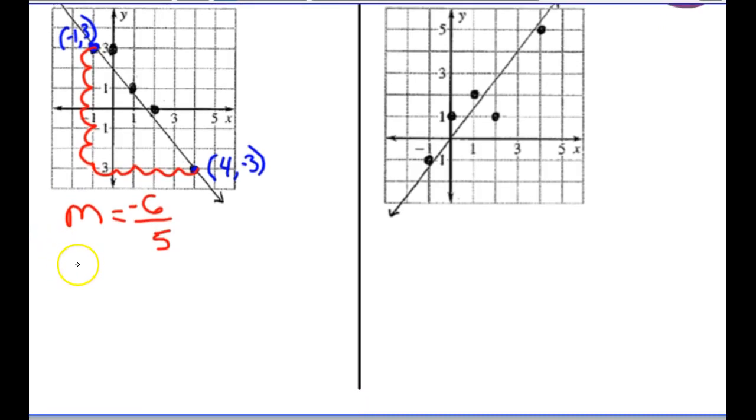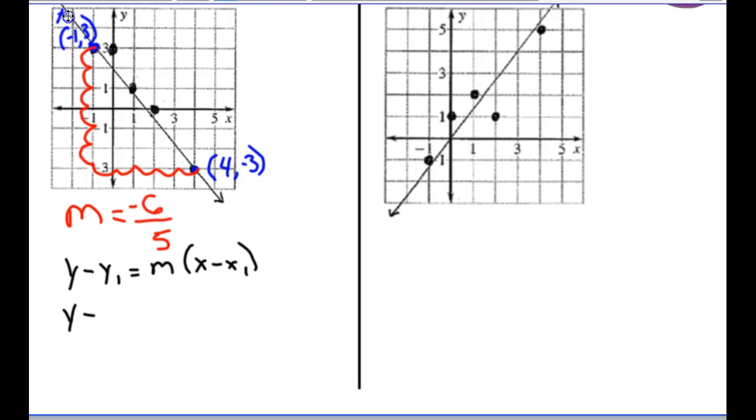Then we're going to put it into our equation. The equation we're using is y minus y1 equals m times x minus x1. This is point slope form, so we're going to use this because we have a slope and we have points. We can pick either -1, 3 or 4, -3, whichever one we want to, but I want to pick -1, 3.